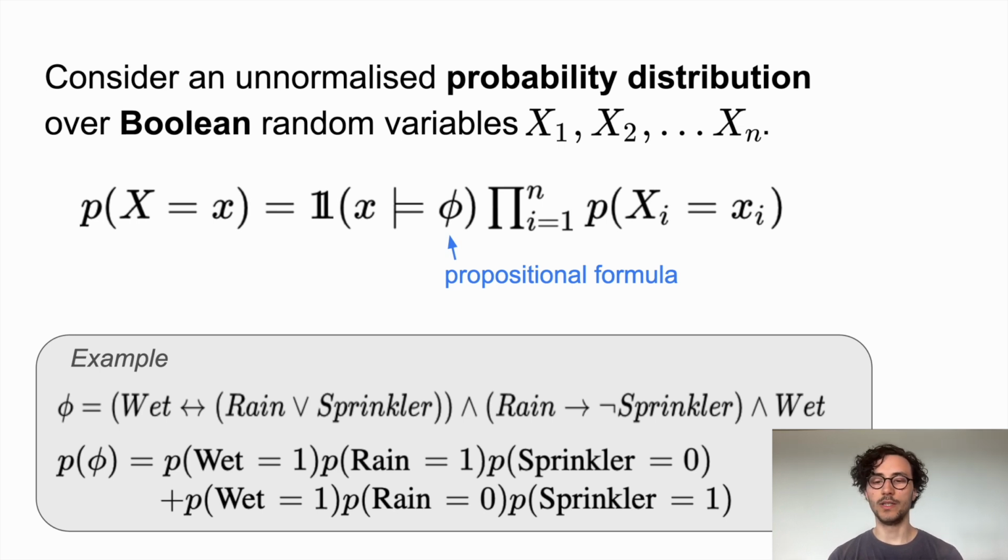And I do know that it's wet. Well, then you can calculate this probability by summing over all these possible worlds, as you call them in logic. So in this case, you multiply the prior probability of being wet times rain times the sprinkler is not on to get the first probability of the first model, and so on.